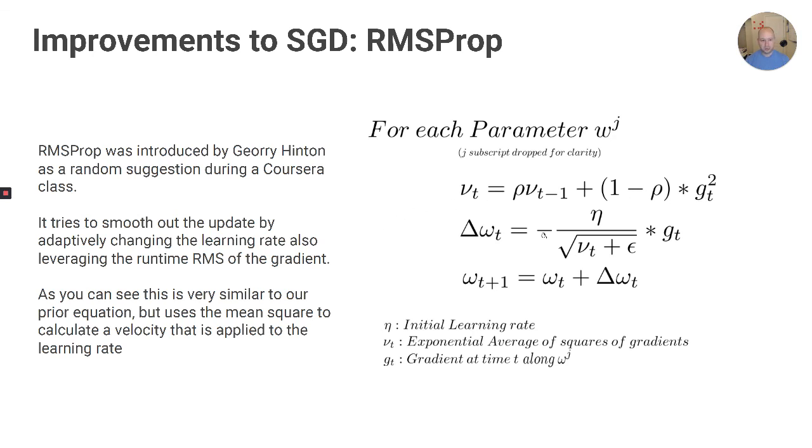And so instead of applying this to the update directly, we're dividing the learning rate by this. So what we're saying is, our learning rate should go faster in areas that have small changes and slower in areas that have bigger changes. And so it's a very effective way to scale the learning rate up or down.